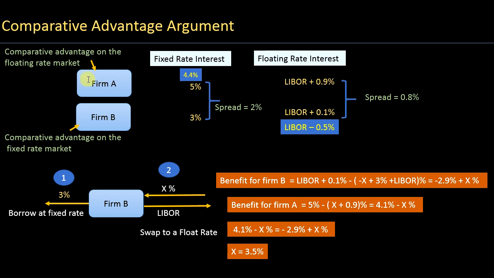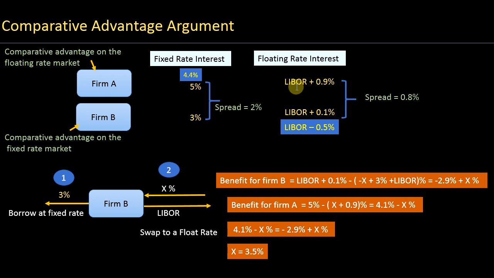Now assume that firm A's credit rating slightly changed after some time. What that means is firm A will not be able to borrow further at the same rate, because when a bank lends to a firm, and if the firm's credit rating gets worse, and if the firm is borrowing at a floating rate, the bank will start increasing the interest rate to cover the risk.